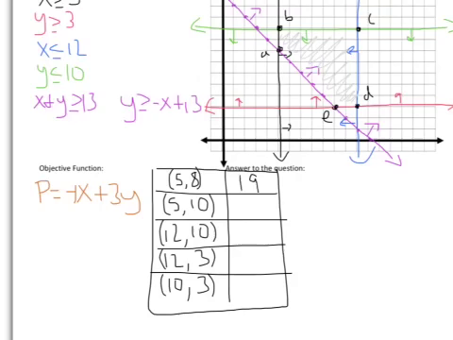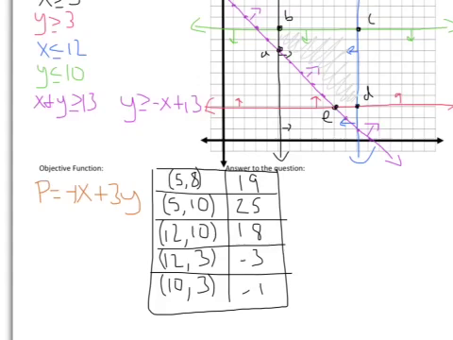For the next one, negative 1 times 5 plus 3 times 10 gives me 25. Then negative 1 times 12 plus 3 times 10 gives me 18. Negative 1 times 12 plus 3 times 3 gives me negative 3. I know that can't be the max, since I'm maximizing and that's negative. And then negative 1 times 10 plus 3 times 3 gives me negative 1.